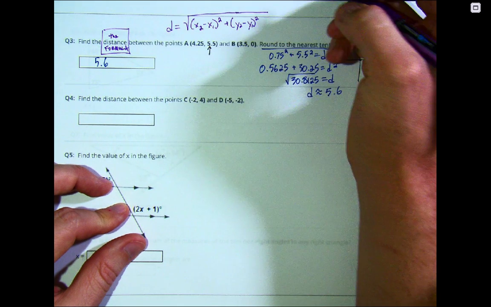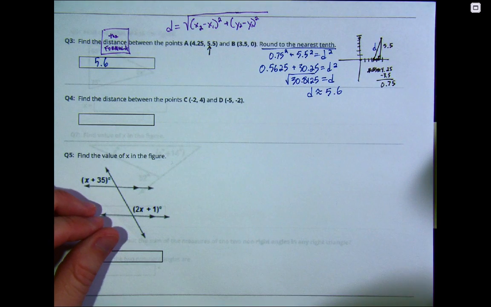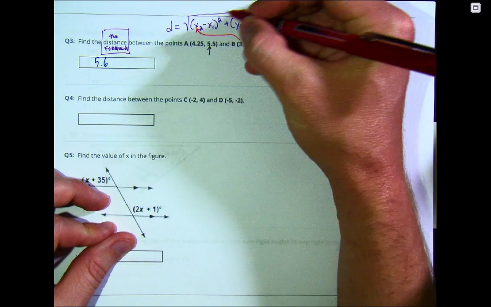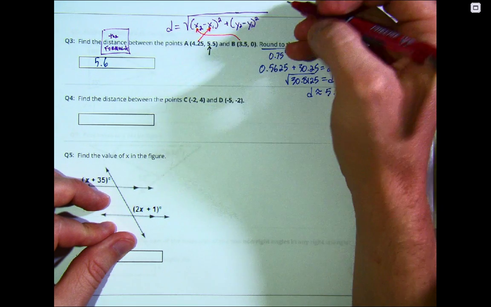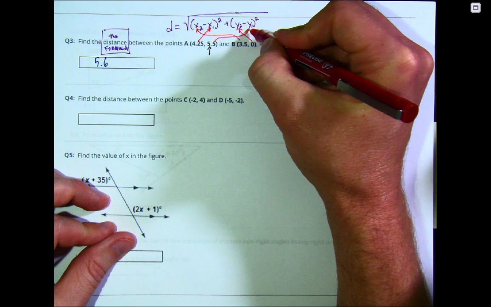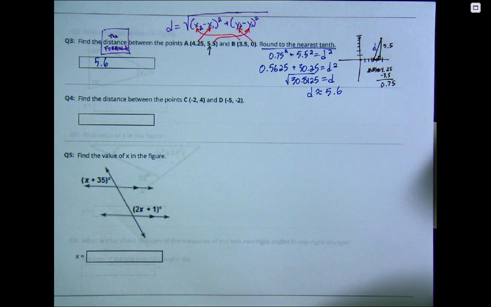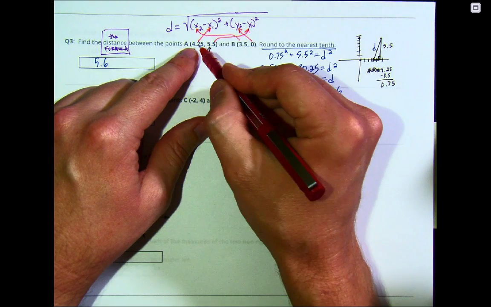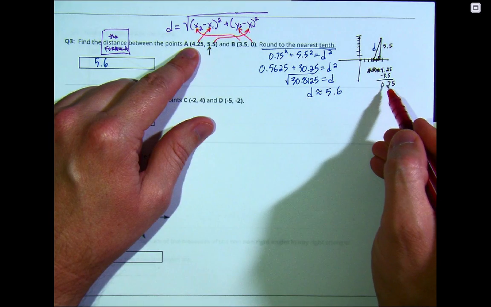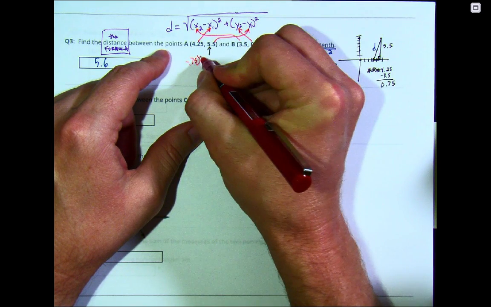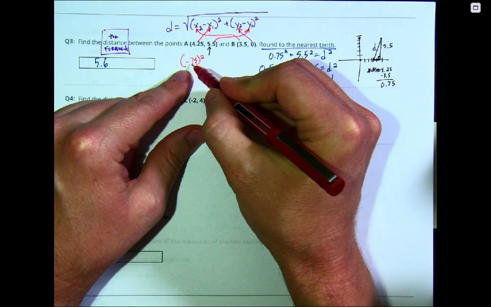And so you could have just plugged the right numbers into the right spots on this problem. So the second x minus the first x, the second y minus the first y, and you could have done it this way. So you would have done 3.5 minus 4.25. Wait, that's kind of like this, but it would be negative. Oh. And when you square a negative, it's going to turn out positive, isn't it?